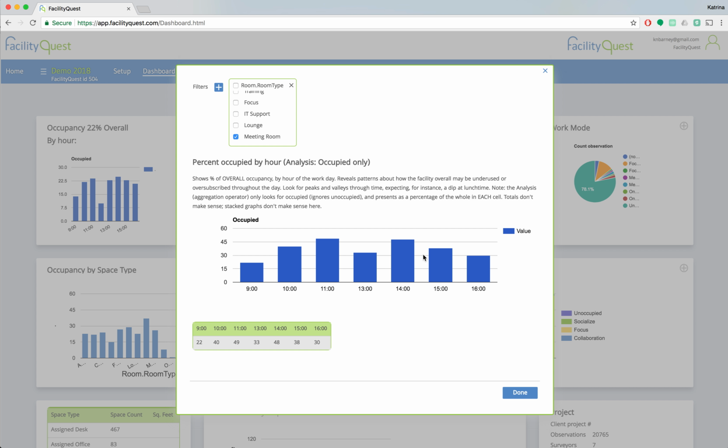But again, higher occupancies than what we were seeing in the workstations. So perhaps beginning to suggest that this organization is more collaborative, or that they have tasks that need to be done behind closed doors rather than in open workstations. It begins to bring up questions that we can look into later.